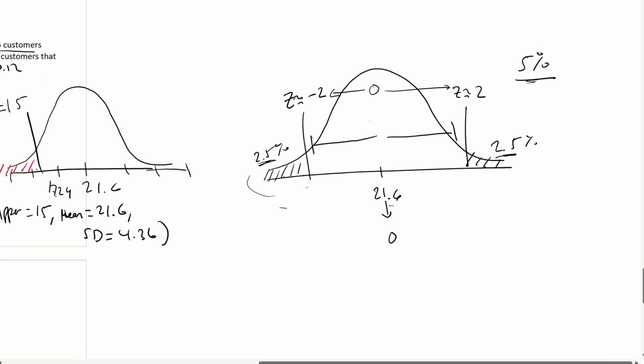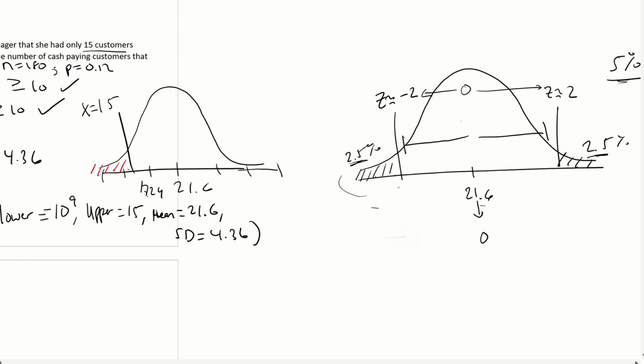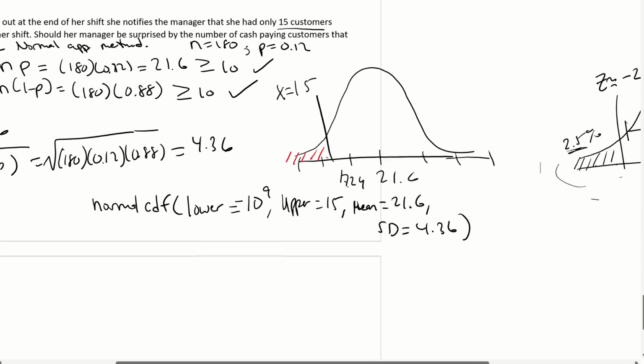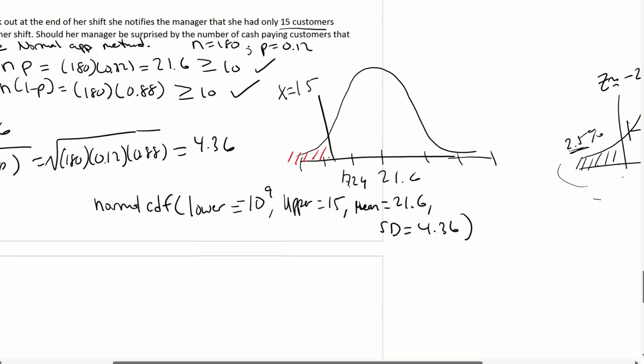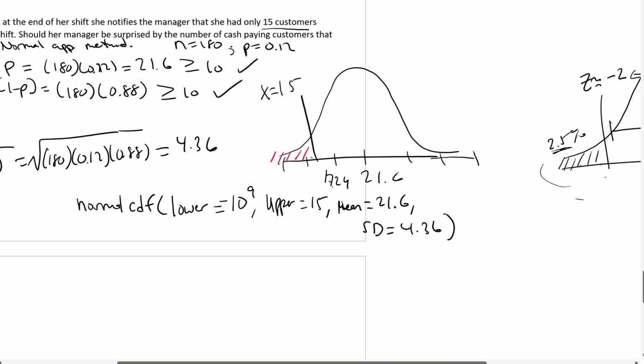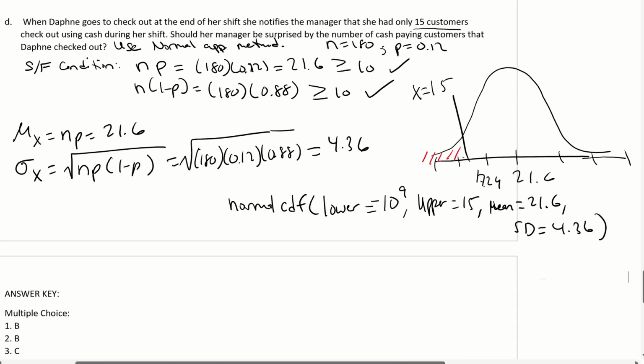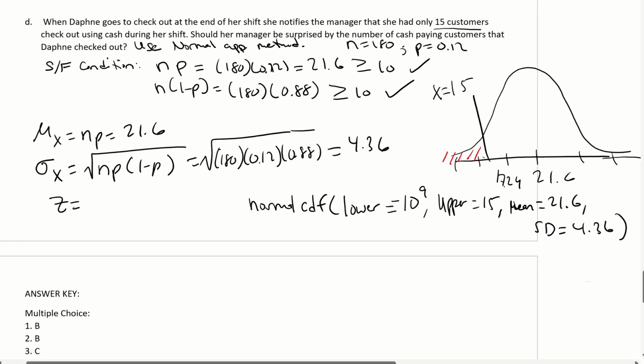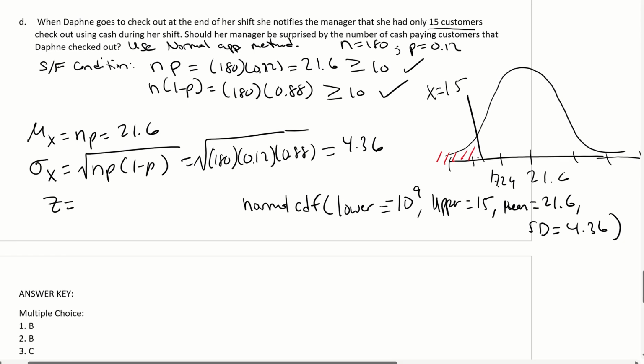And so really, when you do this type of test, you can either compare it to 2.5%, or you can just calculate the z. And that's actually what I want to focus on. I don't want to focus too much on calculating this. What I'm going to do instead is calculate the z. All right, so here the z is x minus mu, so 15 minus the mu, divided by the standard deviation.